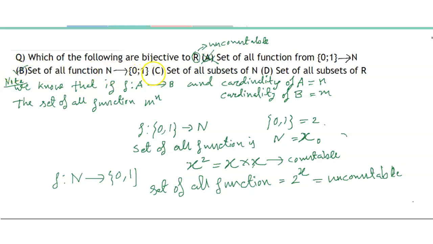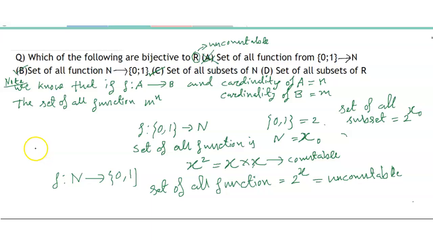And number C, the set of all subsets of N is also 2 to the power Aleph knot. So this is also true. And number D, the set of all subsets of R.